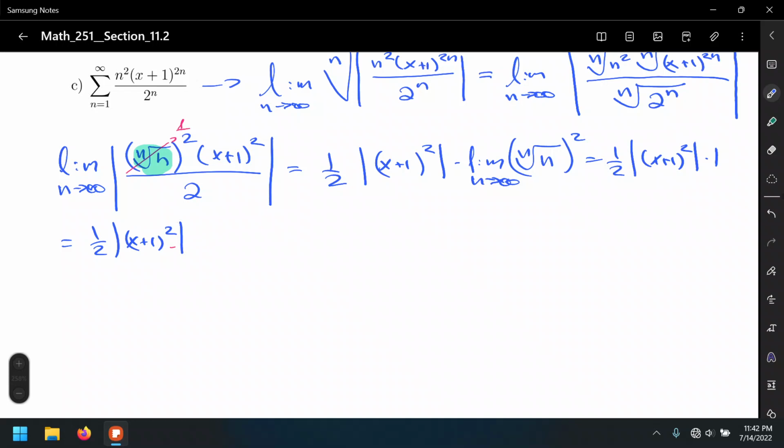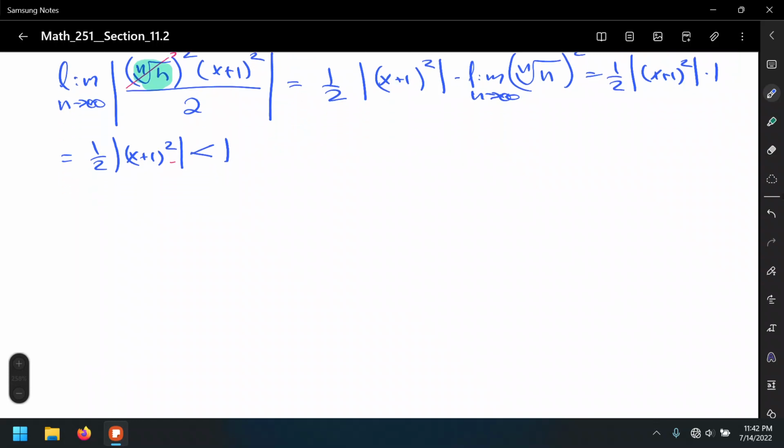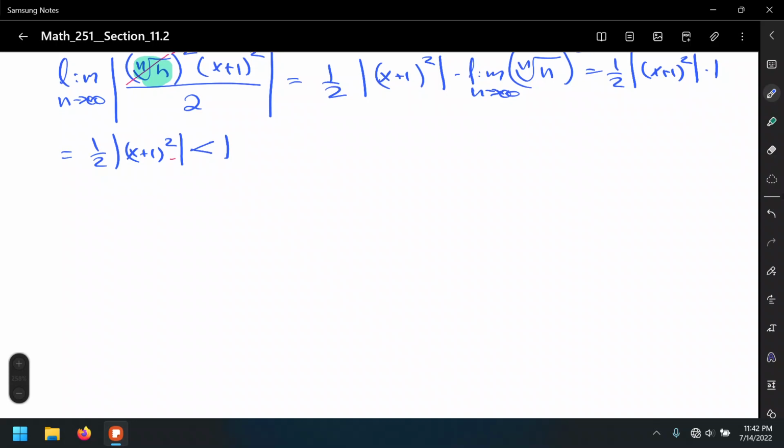And in this case, because we want to check for convergence, we need to set this less than 1. So now we need to deal with this inequality that I'm going to rewrite over here.